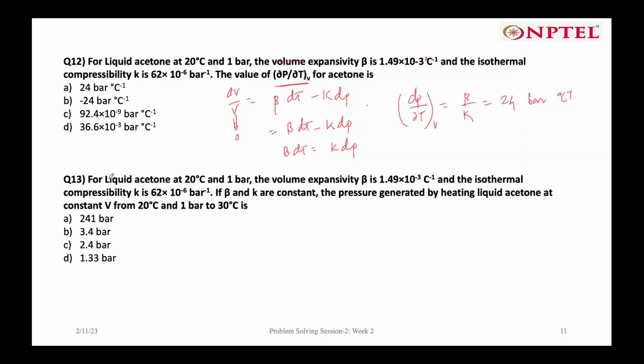Question 30 is similar to 12. For liquid acetone at 20 degrees Celsius and 1 bar, the volume expansivity is the same one and isothermal compressibility K is equal to 62 into 10 to the minus 6 per bar. If beta and K are constant, the pressure generated by heating liquid acetone at constant volume from 20 degrees Celsius and 1 bar to 30 degrees Celsius. So we have to calculate P2. Use the same relation and calculate the answer.